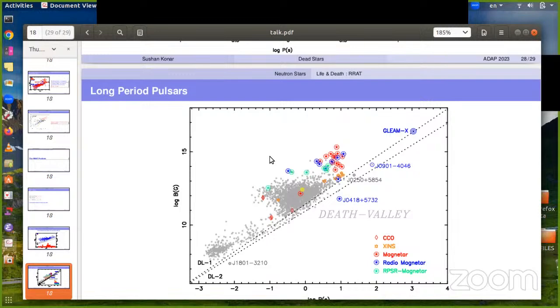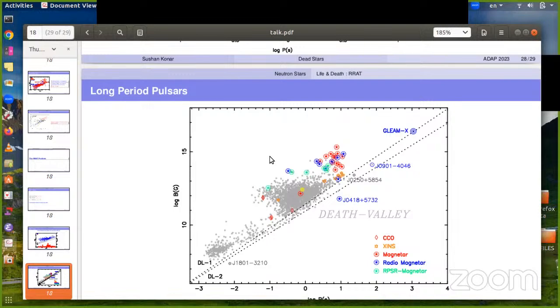What one can do is take an object, run a random number generator, pick one value between the upper limit and the lower limit, and that gives you a possible spin period and magnetic field pair for a given RRAT. So you do that for 100 objects.